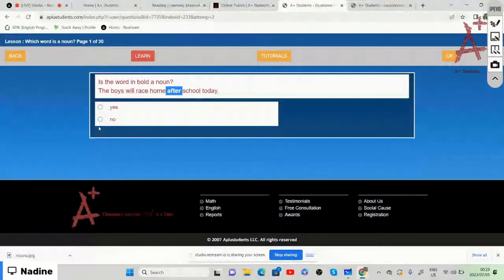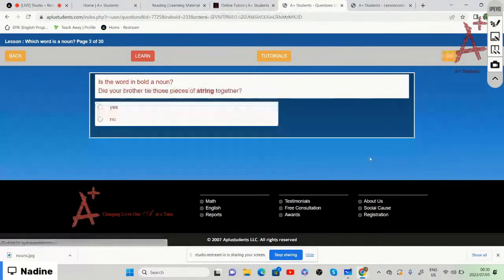So is the word in bold a noun? And the word in bold is after, right? All right, so if you said no, then that is correct because after is not a noun, right?